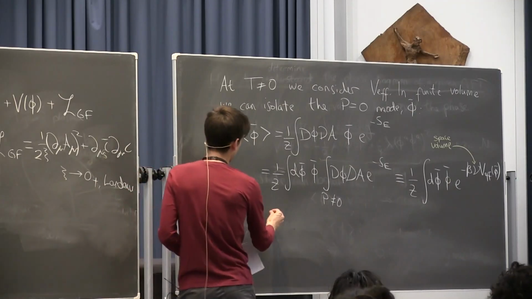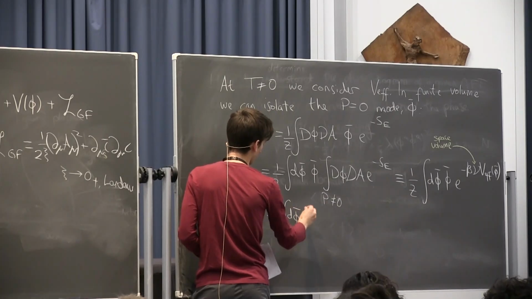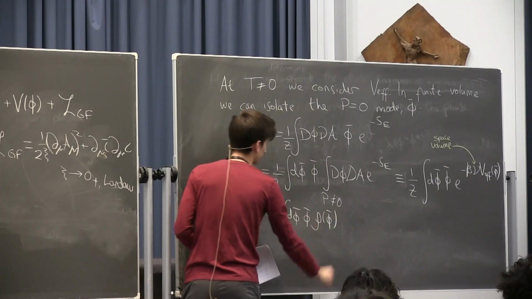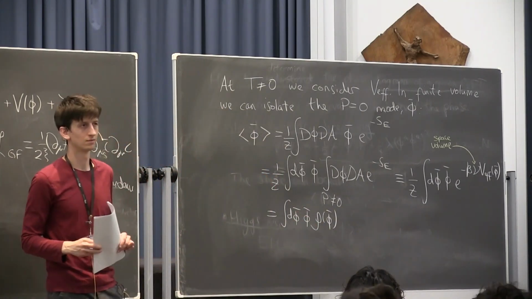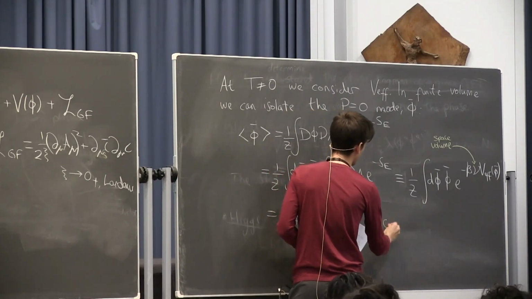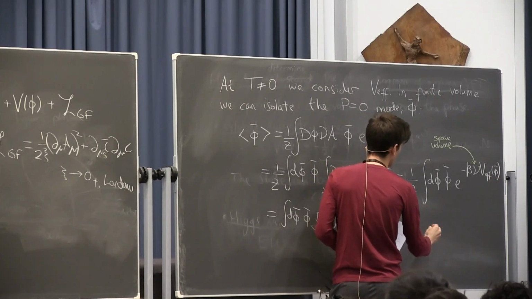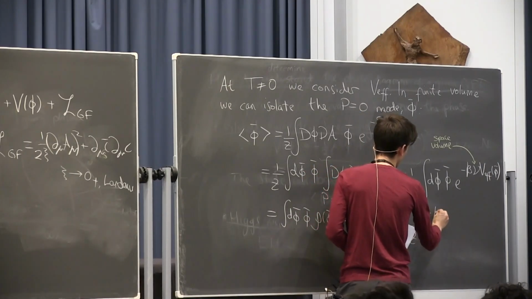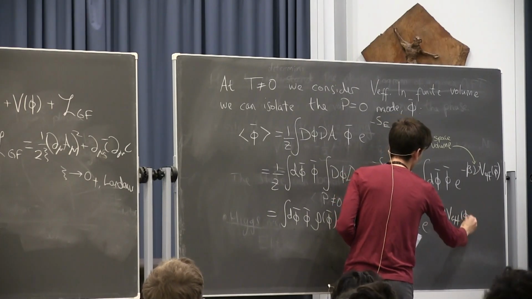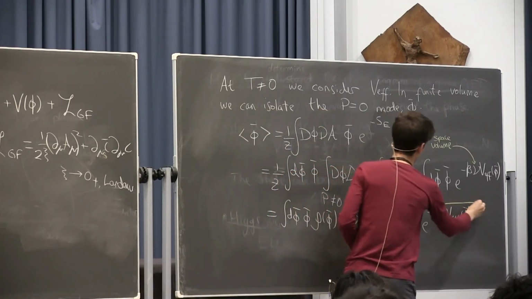And furthermore, we can write this as an integral over phi bar times a probability density. Which tells us that the probability density is equal to 1 over z times e to the minus beta volume effective potential. Let's have that one in a square.